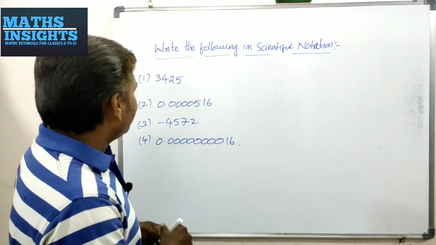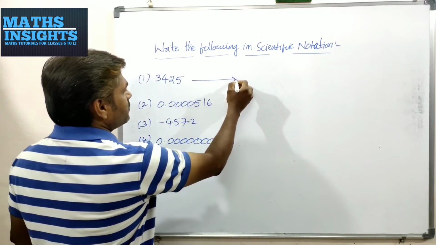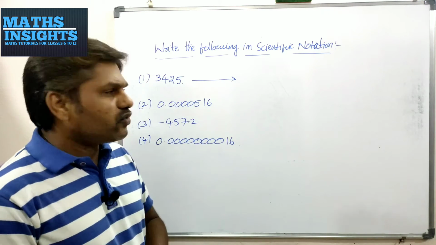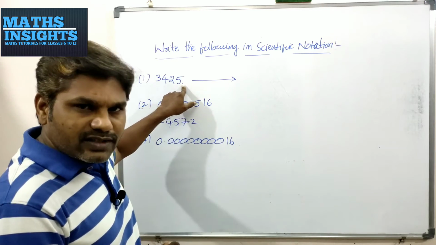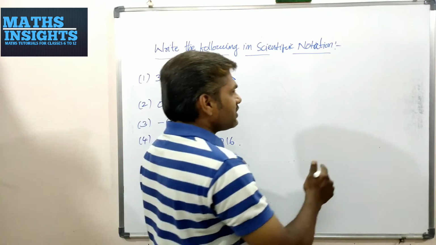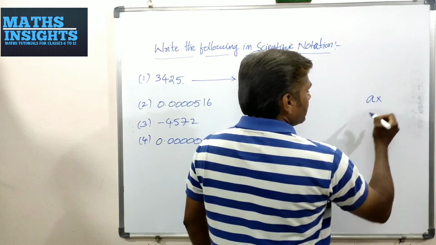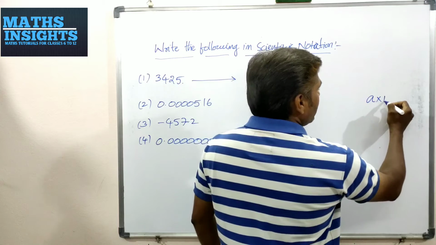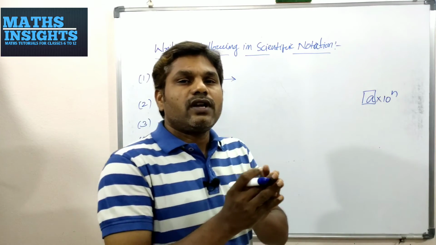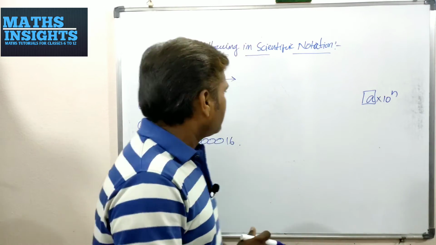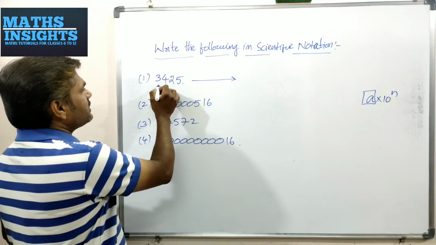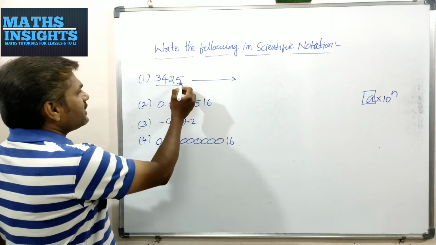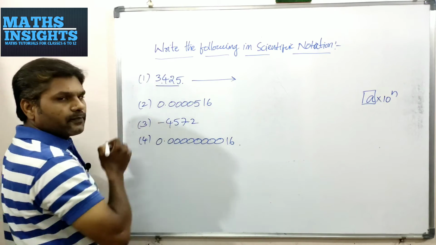Okay, my dear students. See, if you take the first problem, the number is 3425, means the decimal point is here. What is our definition? If you want to write any number in scientific notation, that should be in the form of a into 10 power n, from 1 and up to 10. But here the number is 3425. So I want to move this point from here to here.